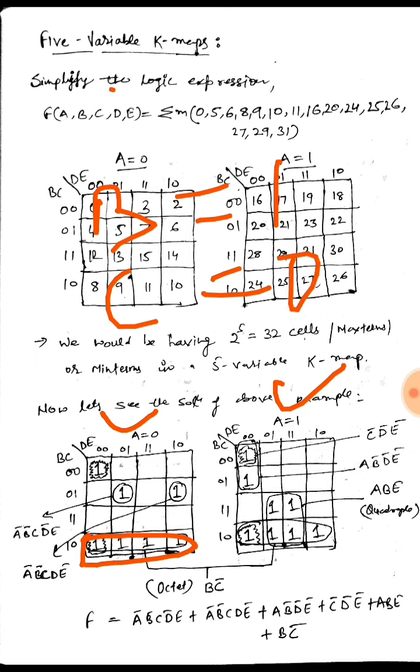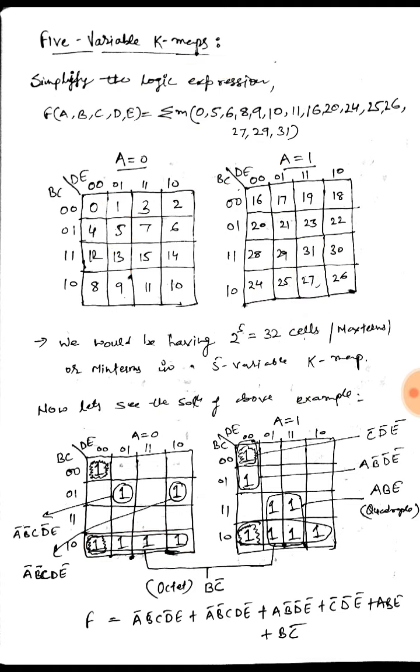So it would become B, C bar, because in a max term or product term I will take the complement of the variable whose value is 0. So this octet now becomes BC bar. Similarly, I have this quadruple, whose value would come out to be ABE.